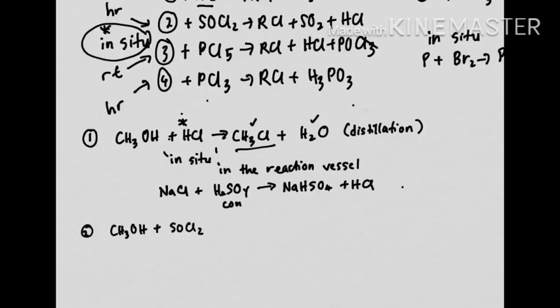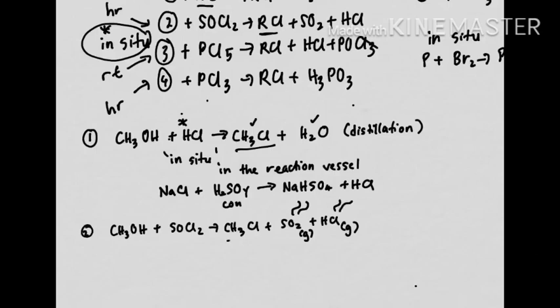We can use this reaction to form the RCl, which is CH3Cl, plus SO2 and then HCl. Now the difference here is that both of these products that we are going to get are gases, so therefore they will escape to the environment.